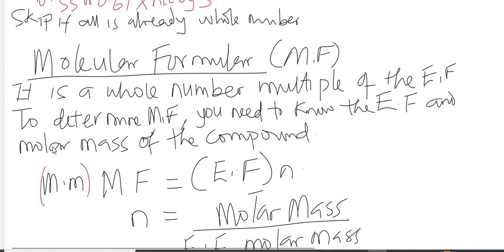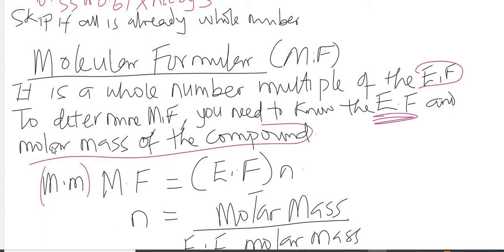Molecular formula. Molecular formula is a whole number multiple of the empirical formula. To determine the molecular formula, we need to know the empirical formula and the molar mass of the compound. These two are very important.